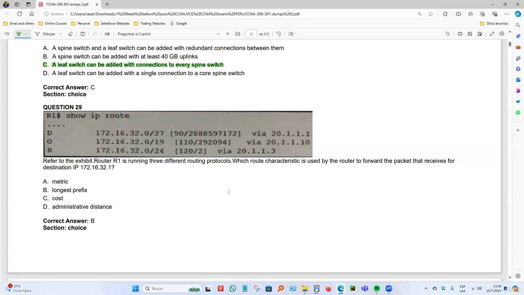So it is the longest prefix. And this is because we are working with 3 different protocols. But in this case, according to the routing table, it uses the longest prefix. So it will go using the EIGRP route. It has the longest prefix.